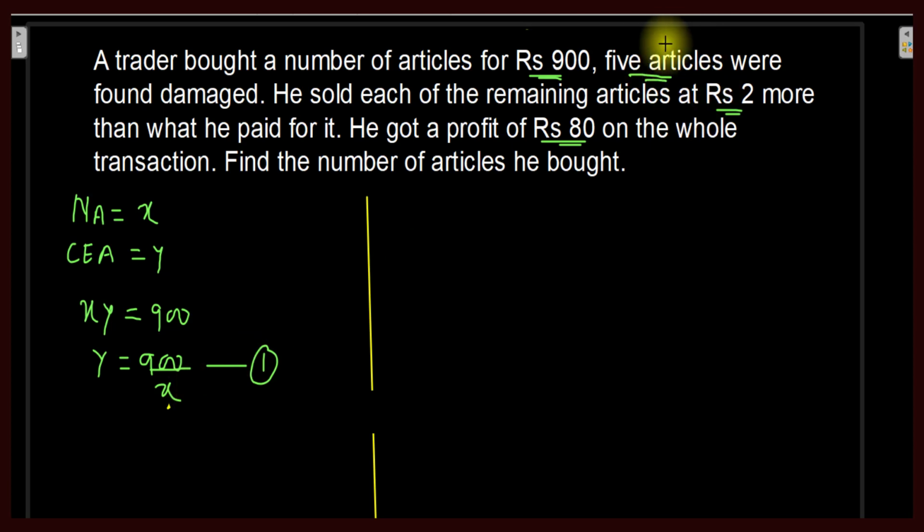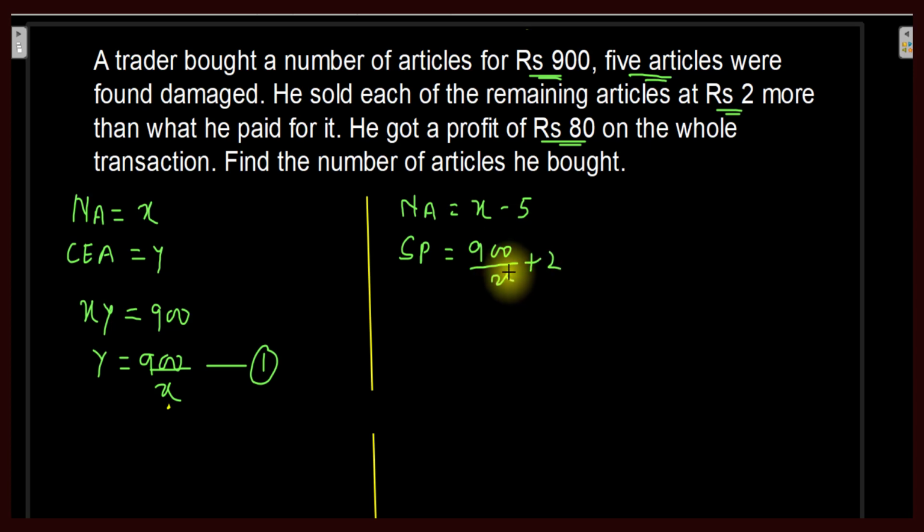Now what happened? The 5 articles were found to be damaged. So the number of articles left with him were X minus 5. And the cost of each article is 900 upon X. And he sold each article by taking 2 rupees more than the cost price, and therefore the selling price will be equal to 900 upon X plus 2.